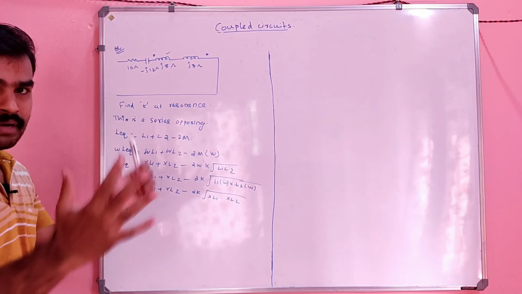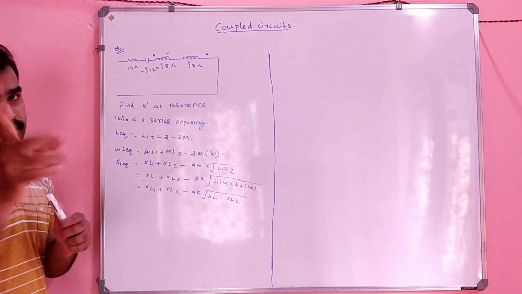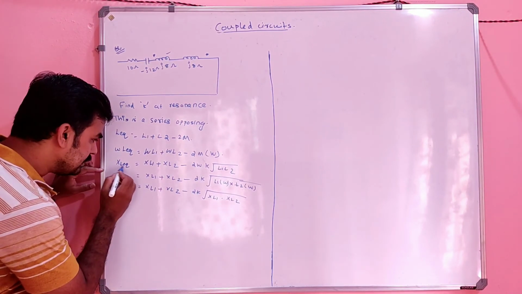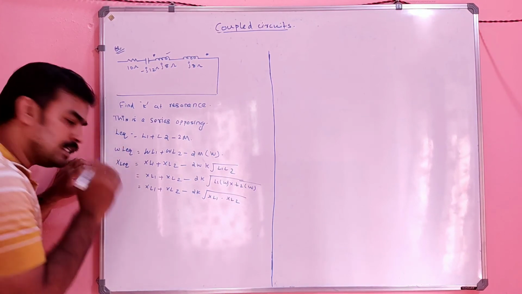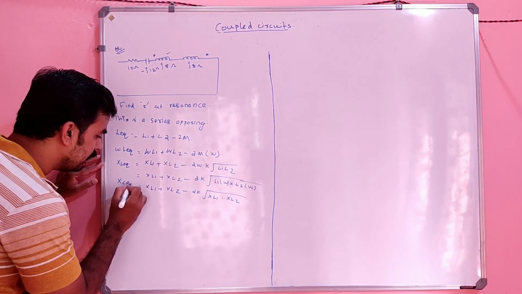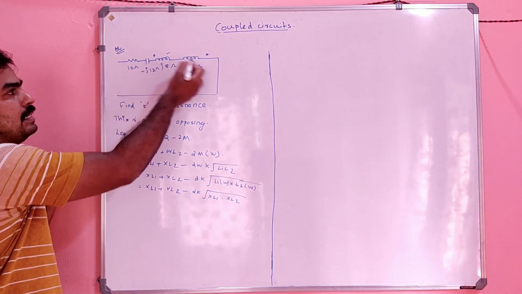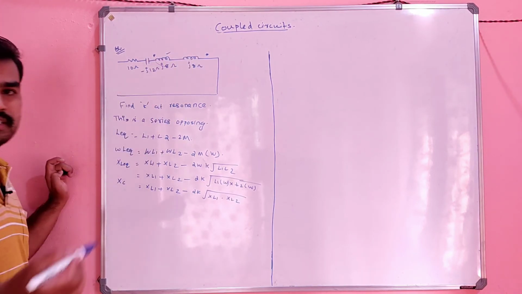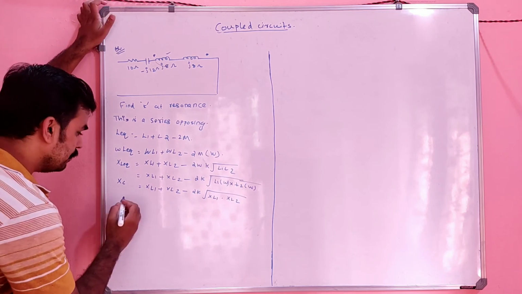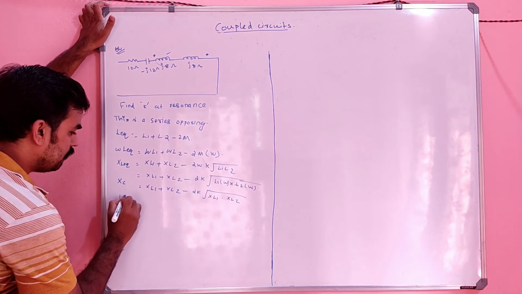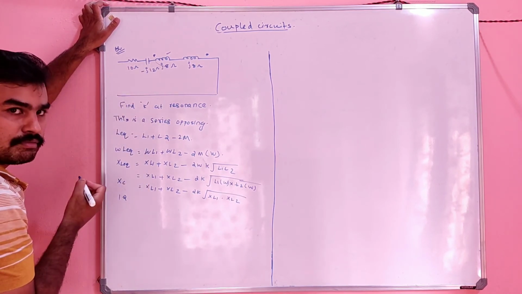So XL equivalent will be equal to XC at resonance. XC is 12. That means this XL equivalent can be replaced with XC, because XL equals XC only when resonance happens. So it will become 12. XC is 12 here, correct?